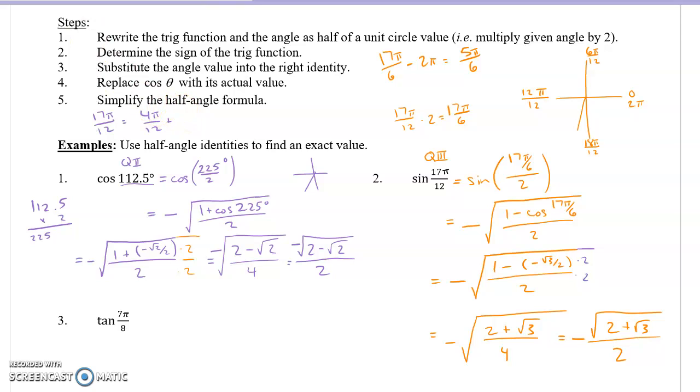Oh, wait, that's not a good one. Maybe we'll try 3. Let's do 3 pi over 12 plus 17 minus 3 is 14 pi over 12. And this reduces to pi over 4. And this reduces to 7 pi over 6.